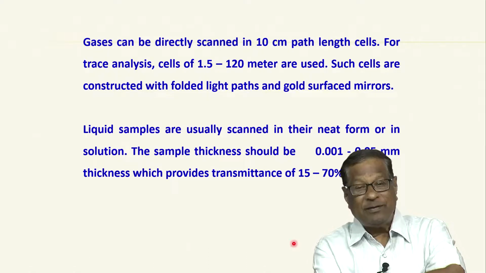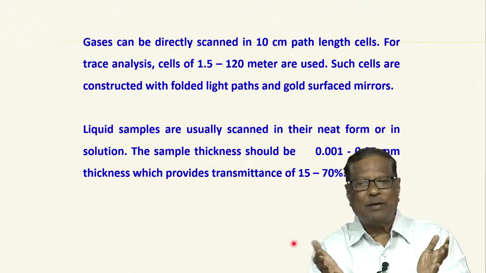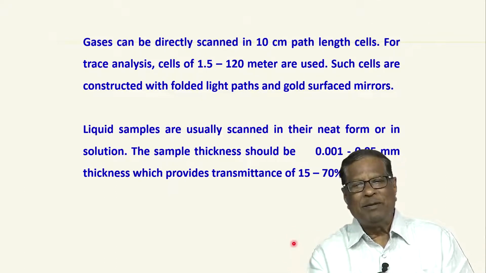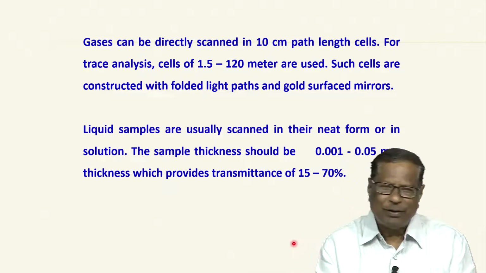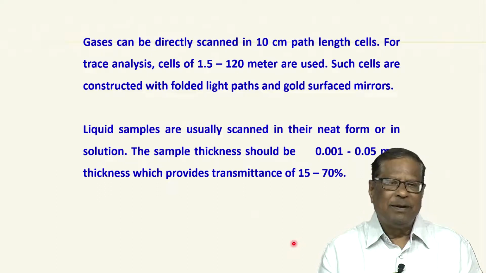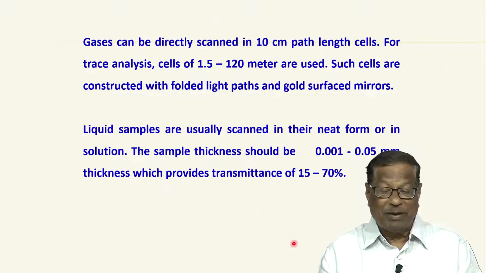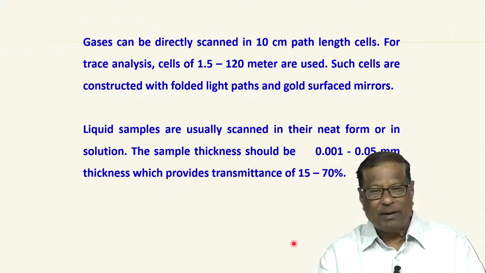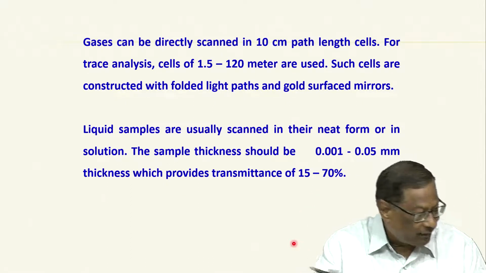So, gases, how do we scan? Oh, it is very simple. I have to just pass the gas into the sample compartment, it fills the whole sample compartment and is available for passing the IR radiation. So, whatever part of it is absorbed, and then it is simple. Or I can use a 10 centimeter cuvette, a gas cell, something like this.